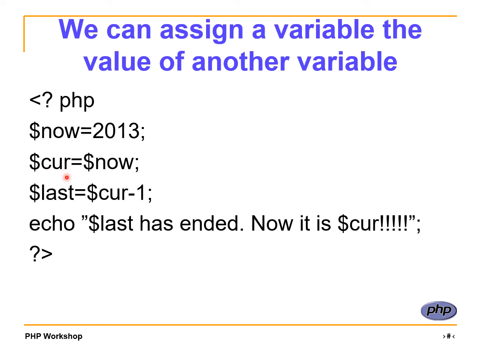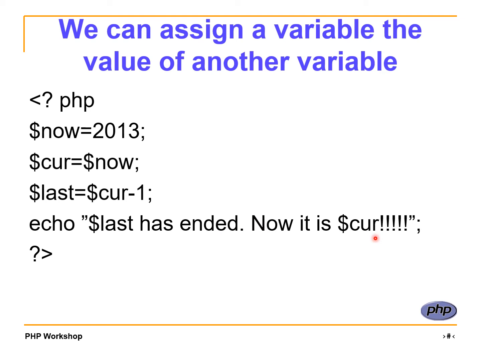So $current is also having the value 2013. Then $last is equal to $current minus 1. $current at present has 2013, so 2013 minus 1, and $last contains the data 2012. Echo $last has ended. Now it is $current.